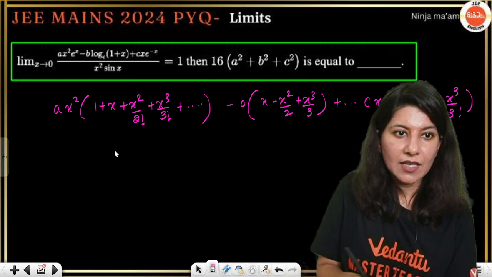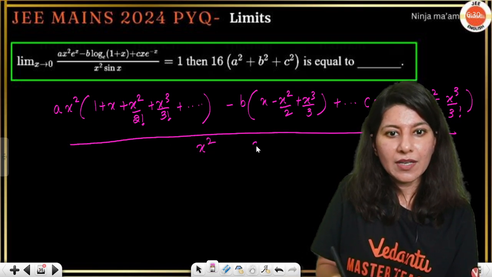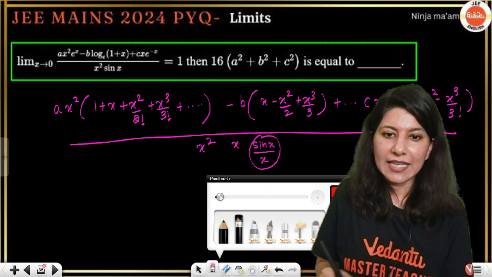That's it. Whole upon x square sine x. Okay. So sine x by x is 1. So below there is an x cube, right?